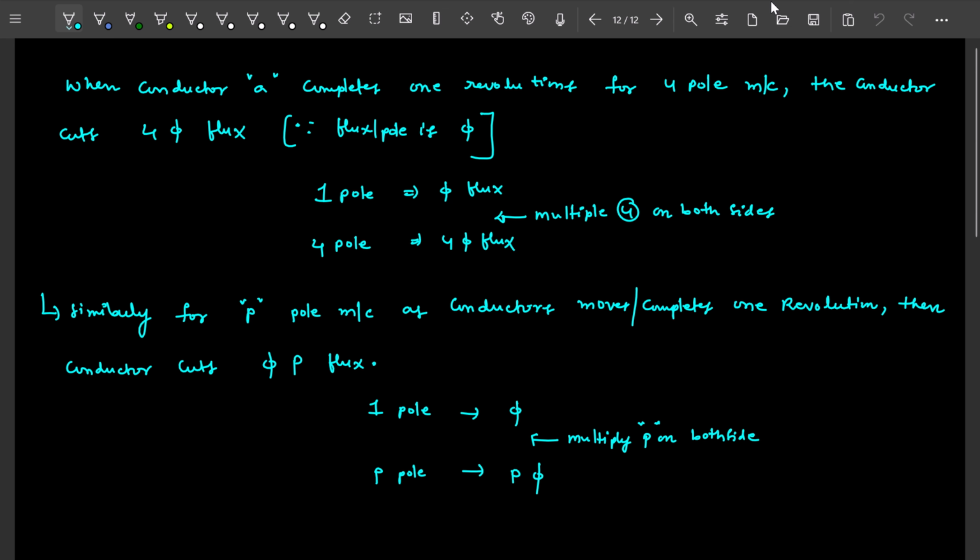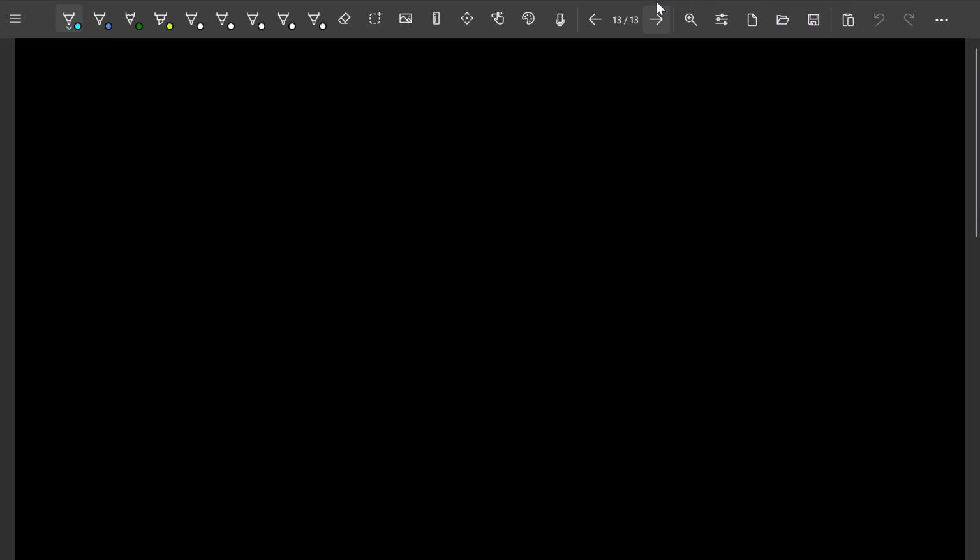Now let the conductor make Nm revolutions per minute, that is Nm rpm.